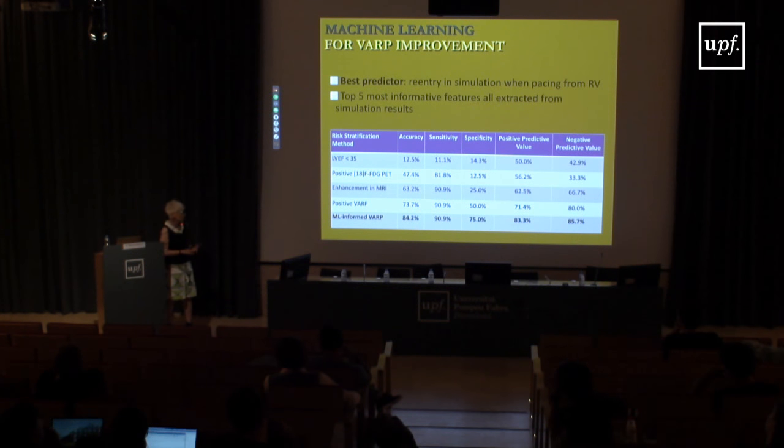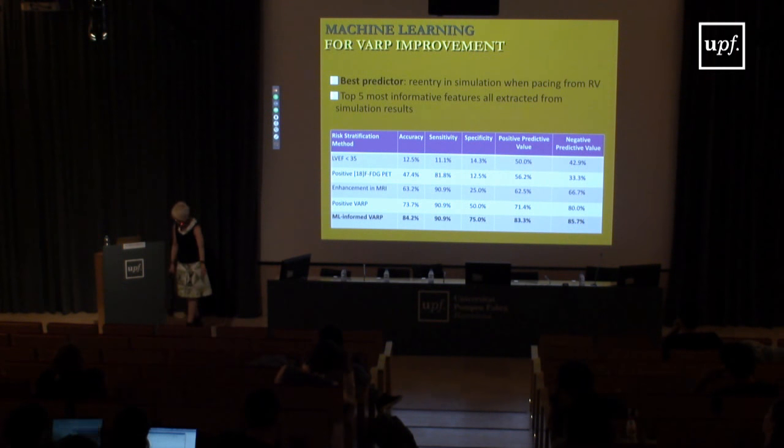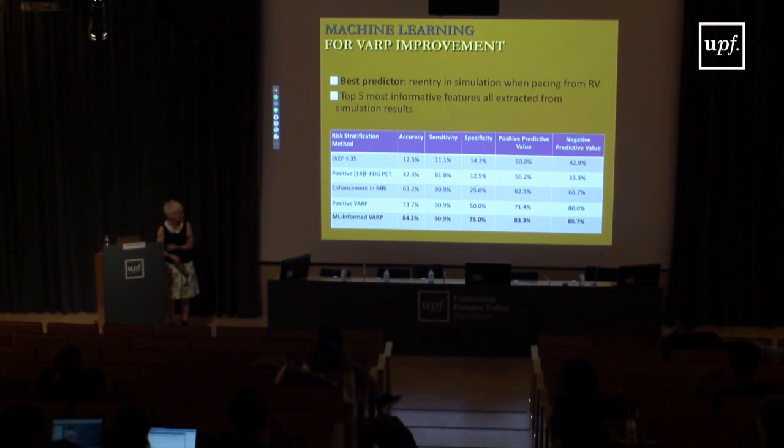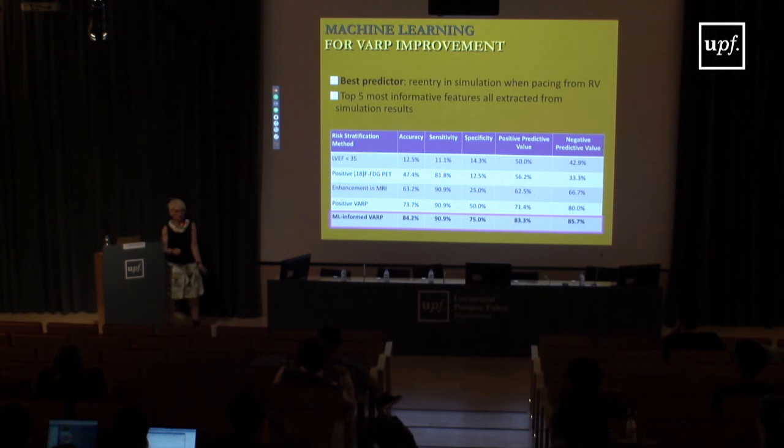We actually did random forest and combined it with our tool. You can see here that it got much better. But the most interesting outcome of the machine learning was that the 5 parameters that were most predictive of outcome were all from simulations.